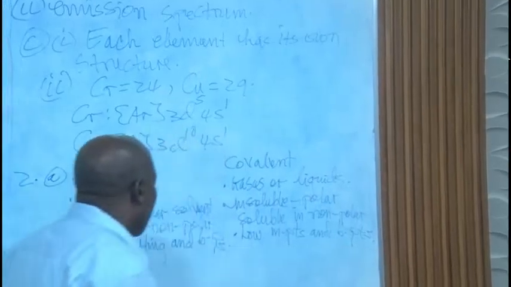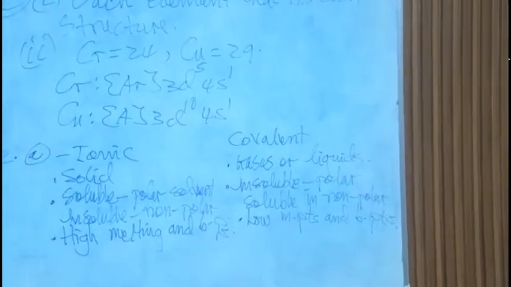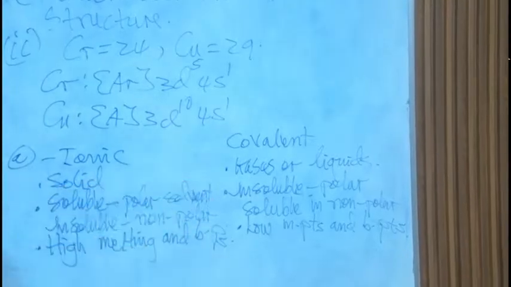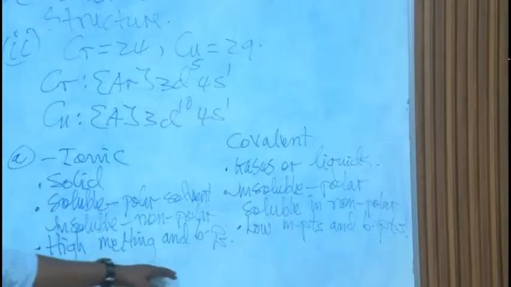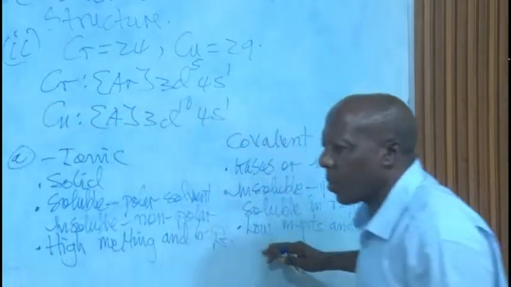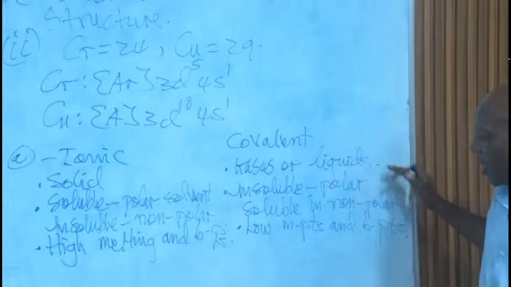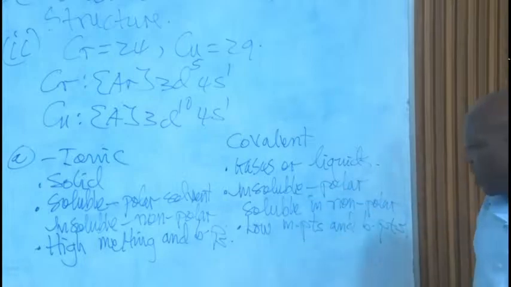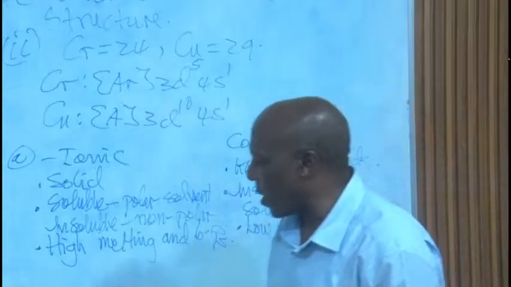This depends on the state of the compound. Ionic compounds, because they are generally solids at room temperature, have high melting and boiling points, while covalent compounds, because they are gases or liquids at room temperature, have low melting and boiling points.